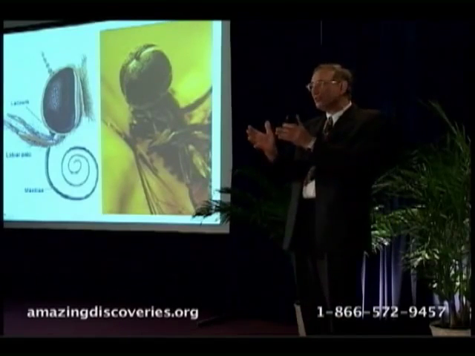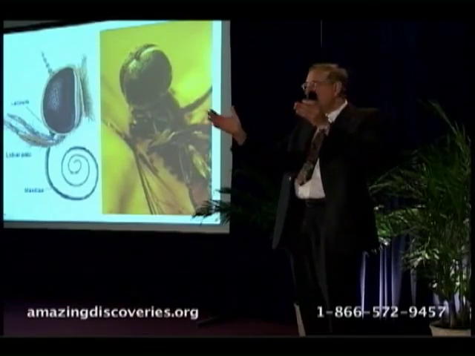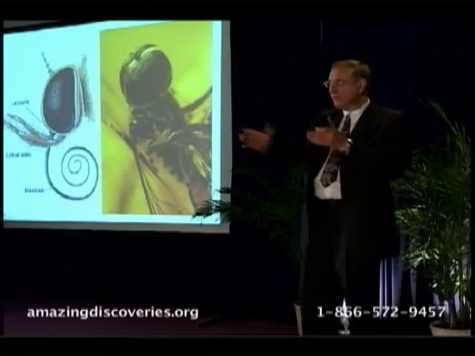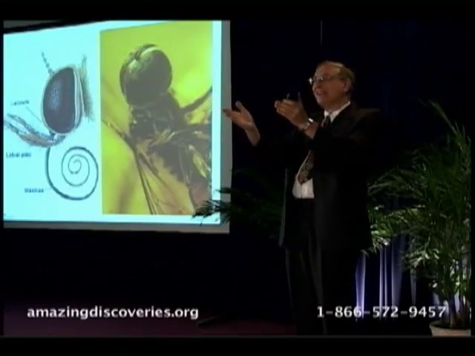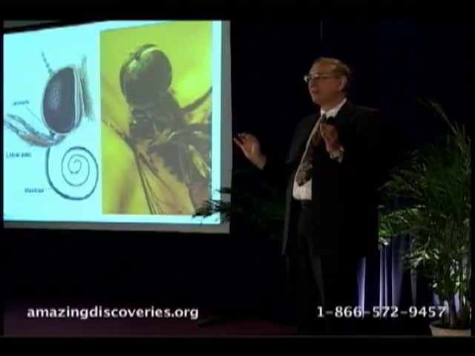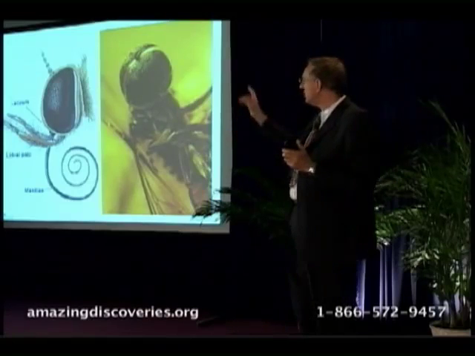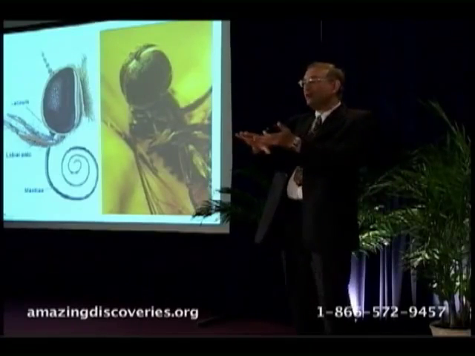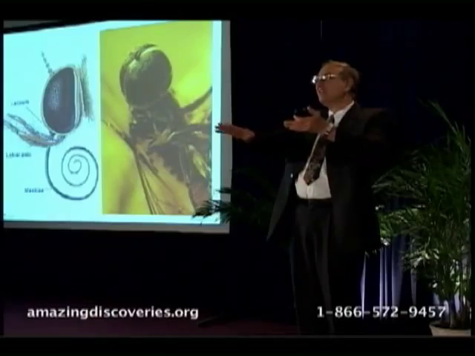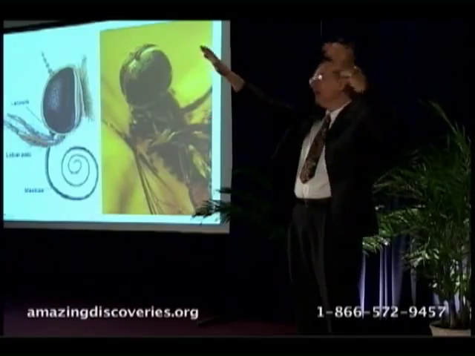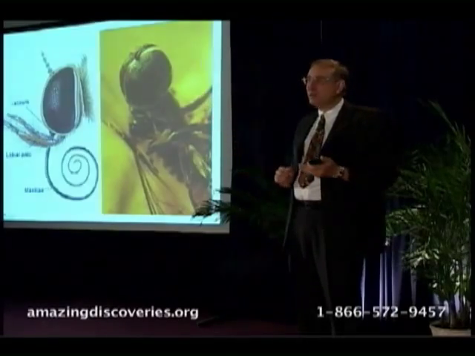You cannot get this to improve over time, and there are hundreds of these reflecting the light absolutely perfectly. In fact, NASA used this eye to design the mirrors in the reflecting telescopes that they use in space. They used this as a model.